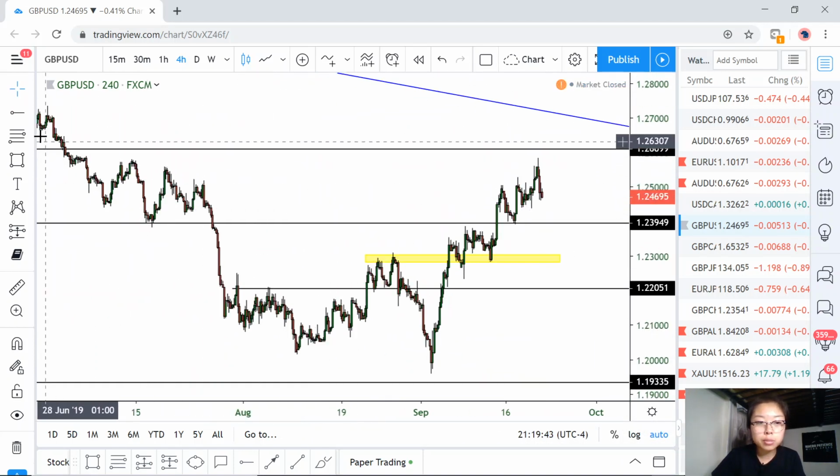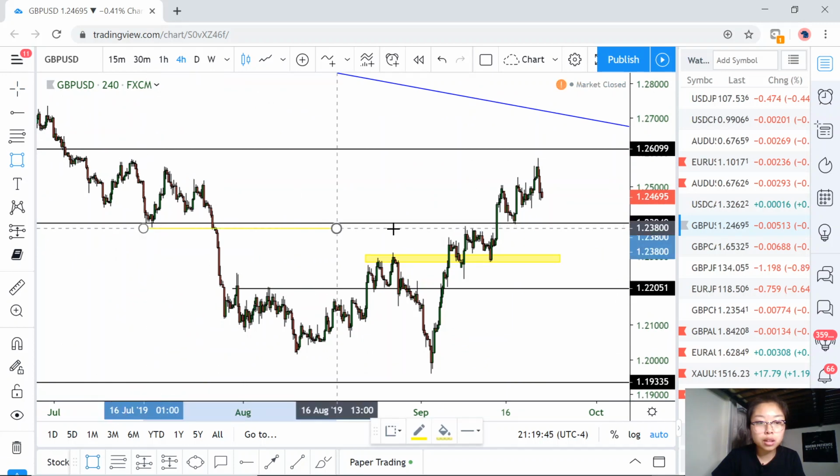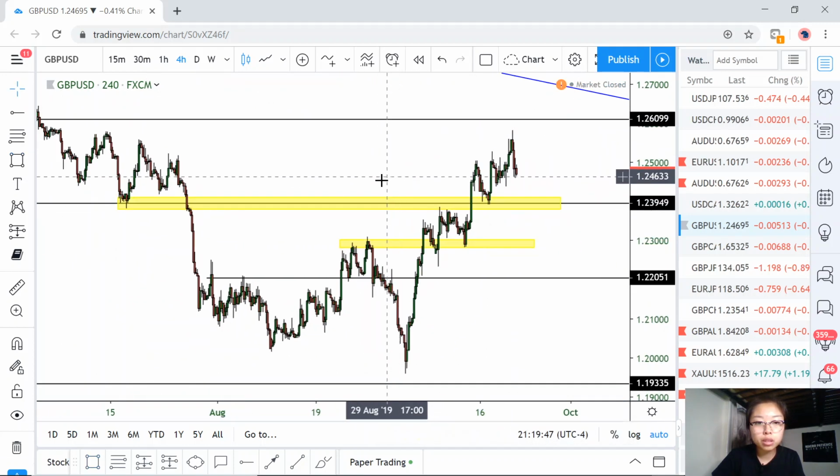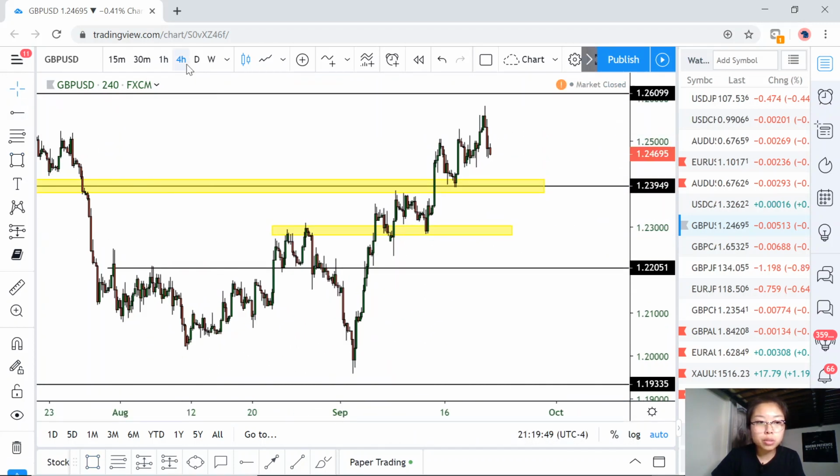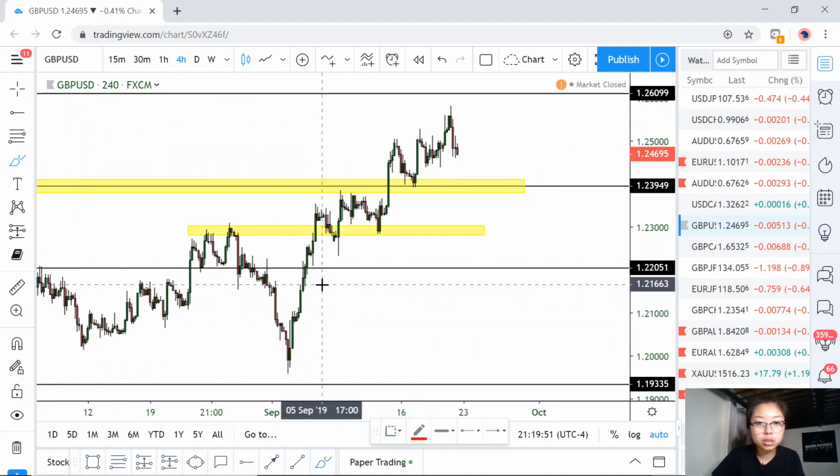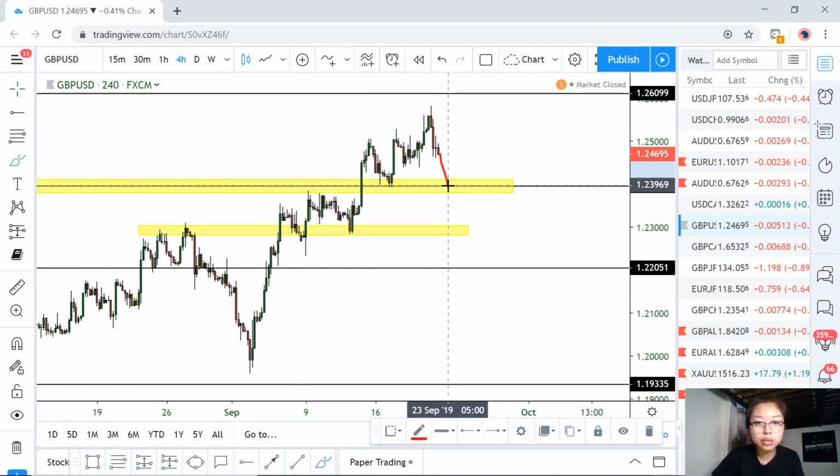So we have something like that, right over there. Two areas. I'm looking for either, based off the 1 hour, price coming down to retest the 1.24 area and making the next move up to retest the 1.26. It was rejected off around 20 pips away.